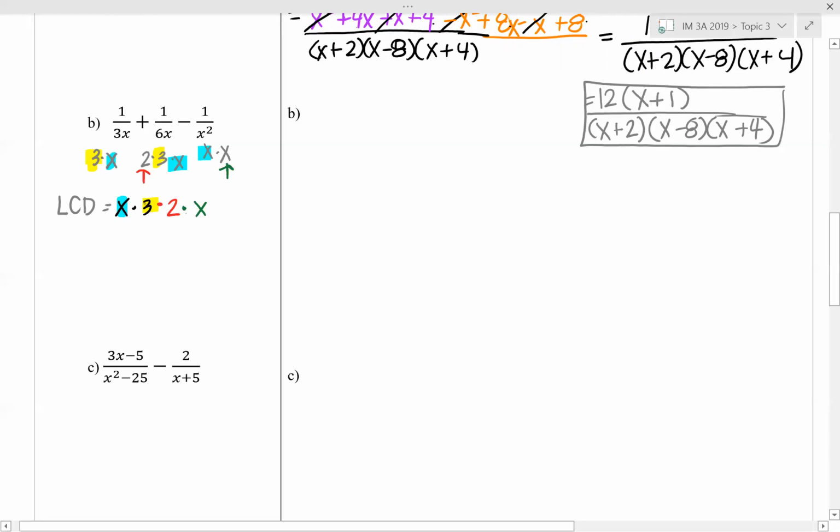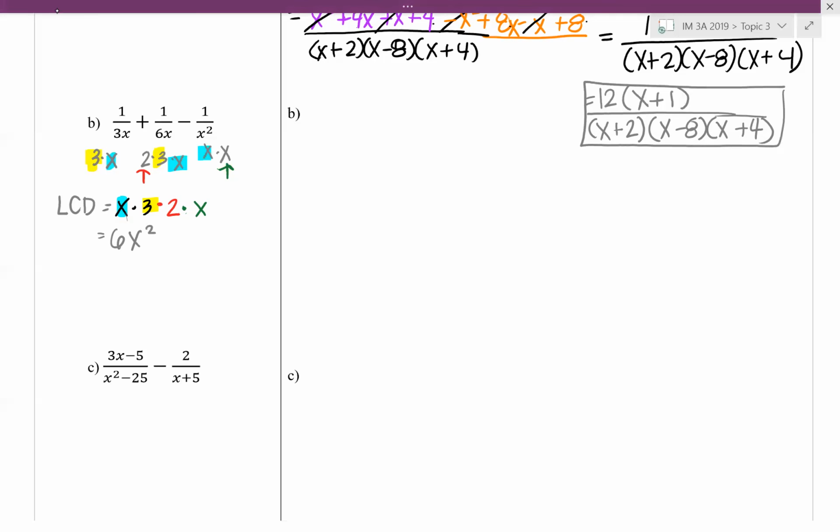So I'm not going to leave this as x times 3 times 2 times x, the way that I left the last denominator as x plus 2 times x minus 8 times x plus 4, because it's easy to multiply these together, and it's easy to see if something reduces with a single term, because this is just 6x squared. Okay, so I can still reduce this pretty easily using that value. So when I'm finding my common denominator, I want to create a denominator of 6x squared.